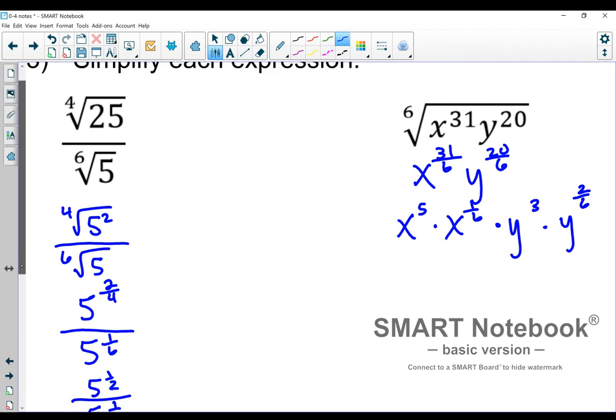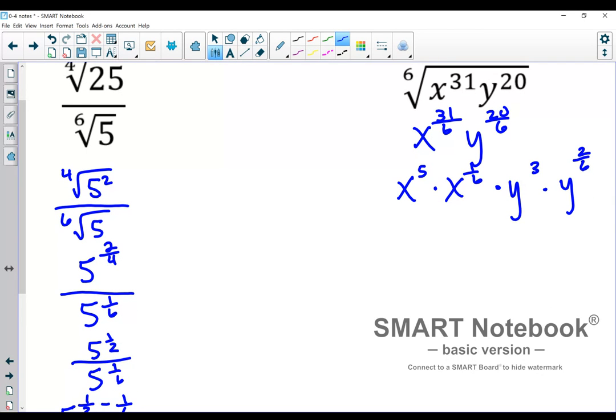So now my whole things I want to take in front. And remember, this was an even root, so I'm back to needing absolute values around my x fifth and y cubed. And then I have a 6th root now. I don't want to simplify that power because then it can't go inside this 6th root. And I'll have x to the 1st in there and then y squared.